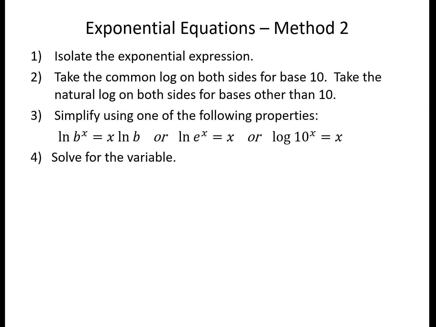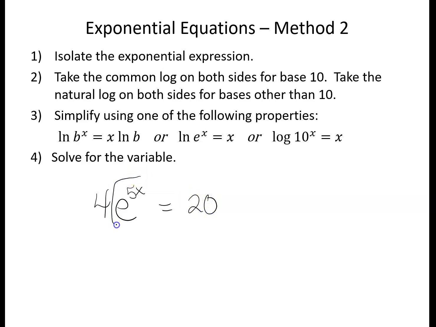Step 1, isolate the exponential expression. Now let's talk about what that means. Let's just say our exponential expression is e to the 5x. And we have some number in front of that, multiplied by it. And we have some number on the other side.